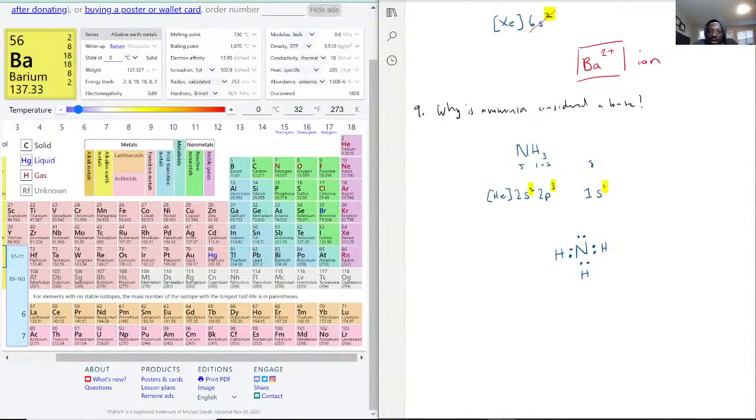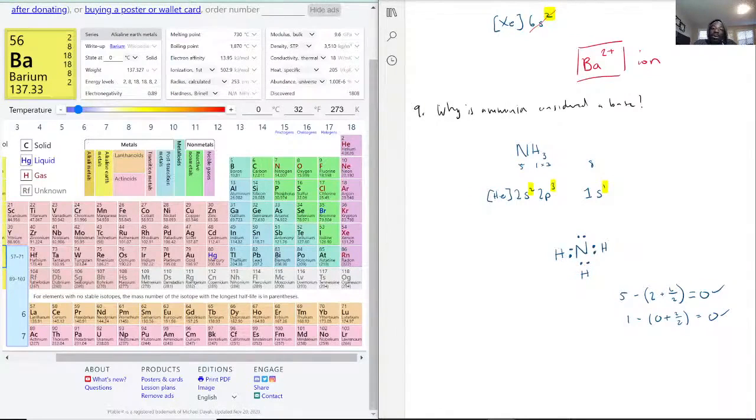And if we found the formal charge, it'd be the 5 valence electrons minus how many electrons are in its lone pair, which is 2, plus the amount it's sharing in its bonds, so 6 divided by 2. So 2 plus 6 over 2 is 5. So exactly, nitrogen is satisfied, and for hydrogen, 1 minus 0 plus 2 over 2, that is 1 minus 1, we got 0 as well. So this is completely how it wants to be.